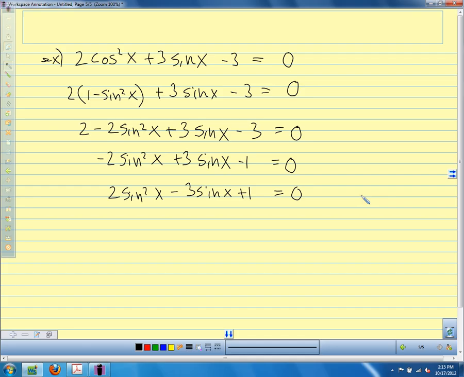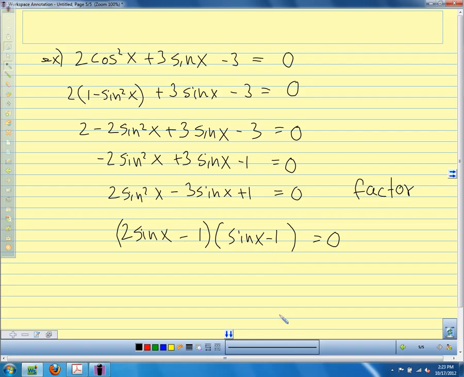All right, and now we're going to factor, just like we did before. So how is this going to factor? 2 sine x, and I have a sine x here. I have to have a 1 and a 1. And how do my signs need to go? Minus, minus.